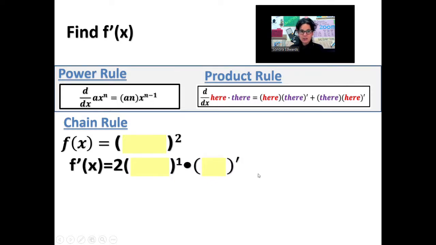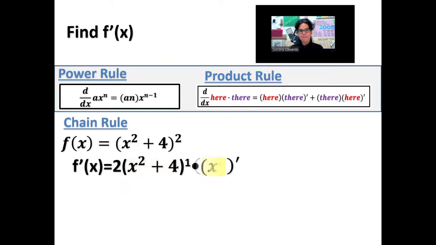So just going back to the variables, right, that was x squared plus 4. So each of these are also x squared plus 4. All right, so 2 to the front, subtract 1 off the exponent. That x squared plus 4 inside of there, it didn't change at all. Chaining on the derivative of what's inside grouping symbols. All right, now the derivative of x squared plus 4 is just 2x plus 0.